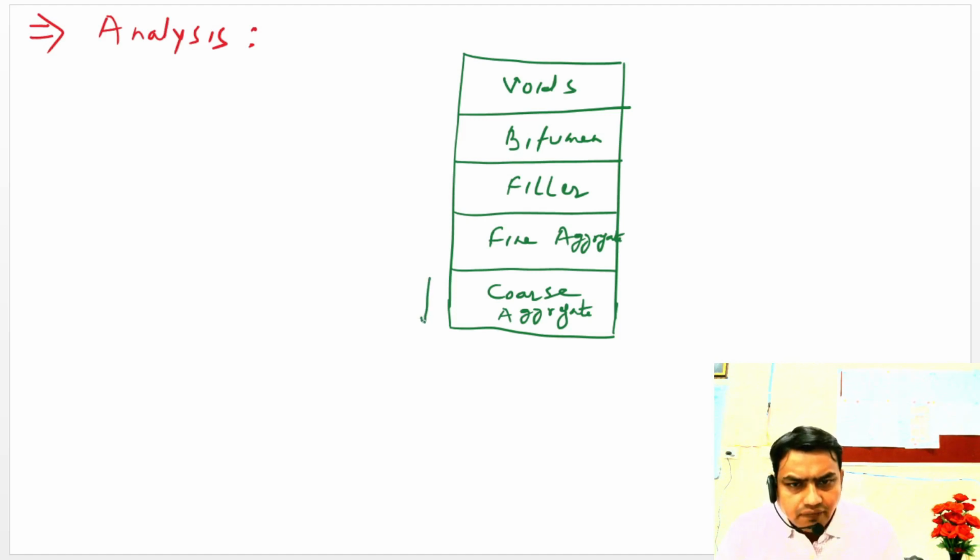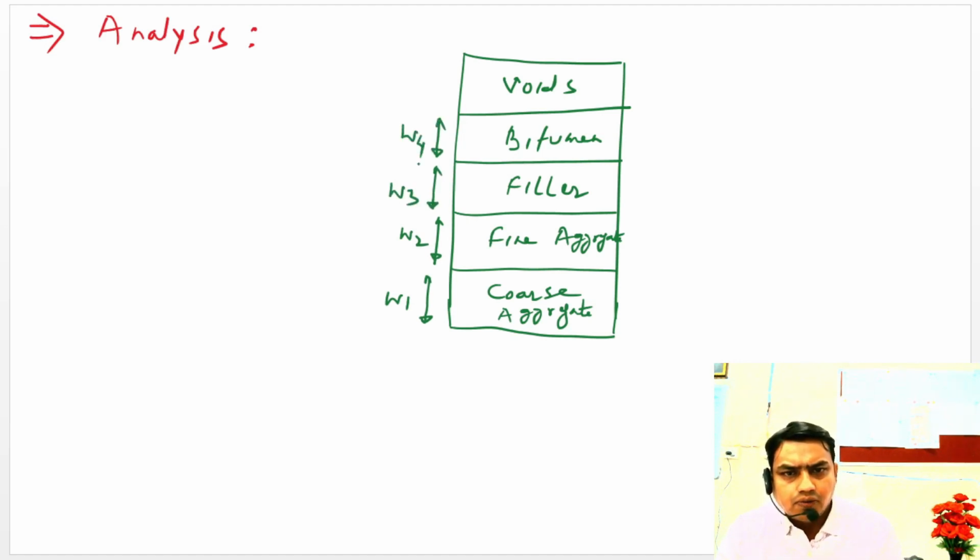Let us say the coarse aggregate weight is W1, fine aggregate weight is W2, weight of filler is W3, weight of bitumen is W4, and the volume of coarse aggregate is V1, volume of fine aggregate is V2, volume of filler is V3, volume of bitumen is V4, and volume of voids is V5, or volume of voids or V4 can be written as VB.